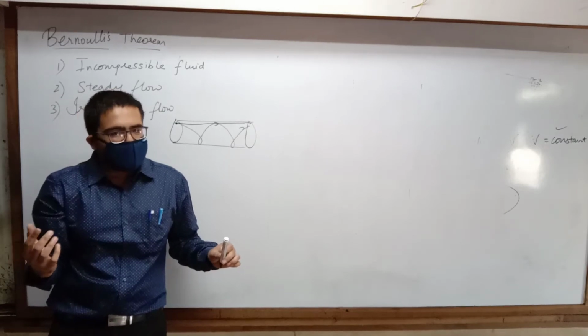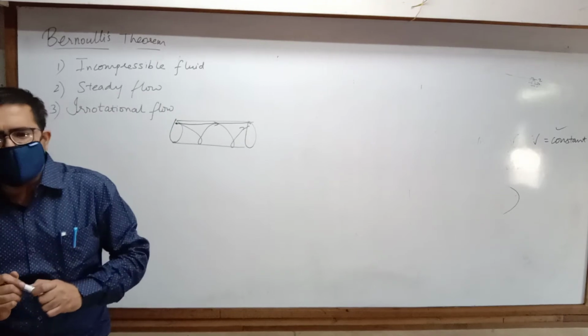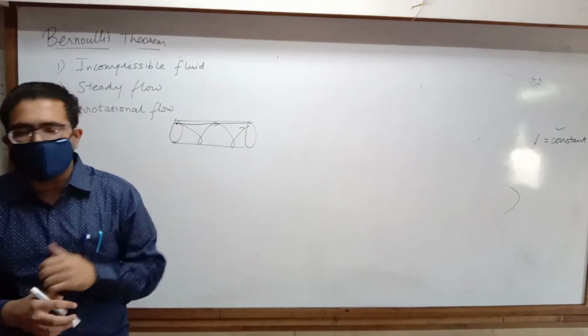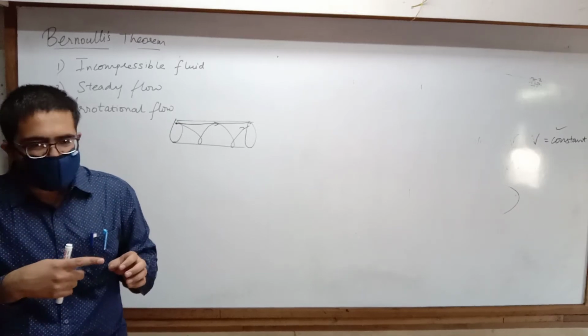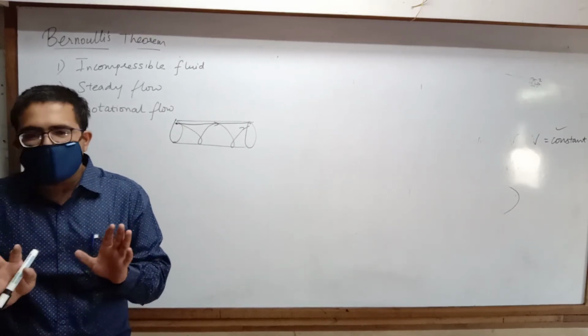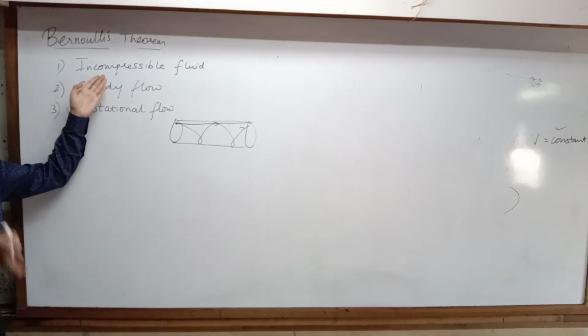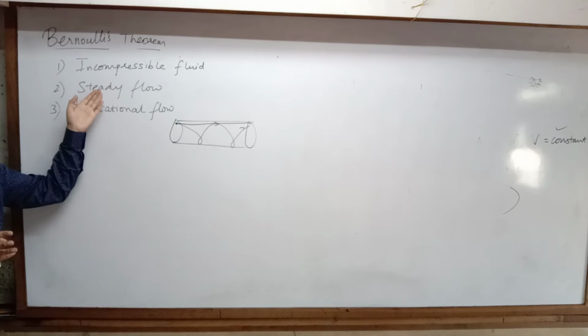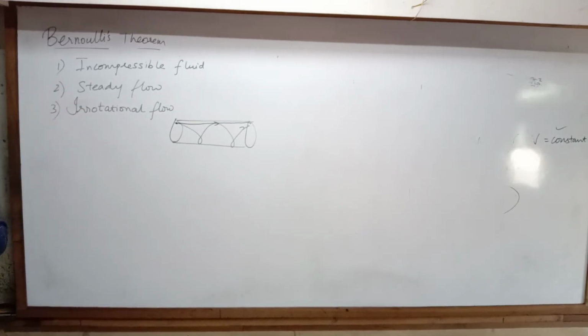Generally what happens is when you try to make a fluid flow fast in a pipe, it will rotate. There will be rotational flow. Right? So obviously this is ideal. Incompressible fluid ideal. Steady flow also ideal. Irrotational flow ideal. There is no doubt. So these are 3 assumptions that you should definitely remember.